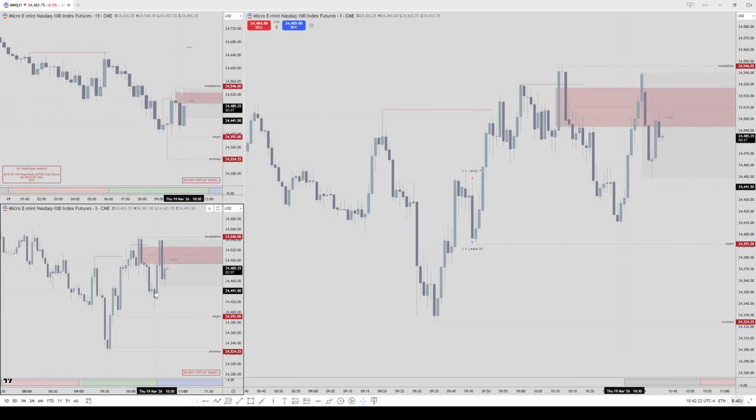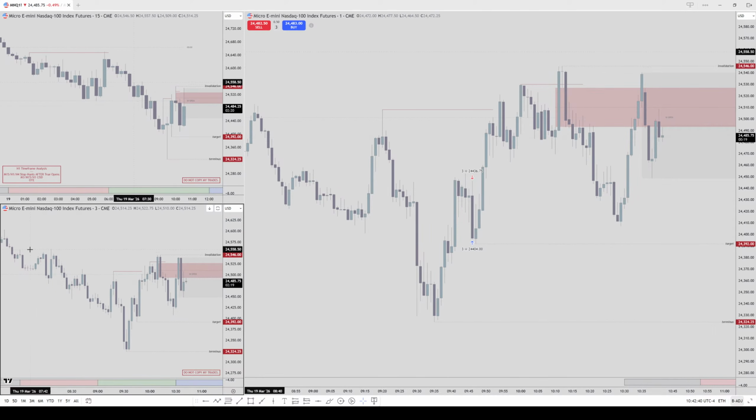Discount, and then we turned bullish on the 3 minutes, CISD this down close candle. Right now we're just trading back into OTE. If you look at it this way, then yes, we could look for longs to target the equal highs up here as well.